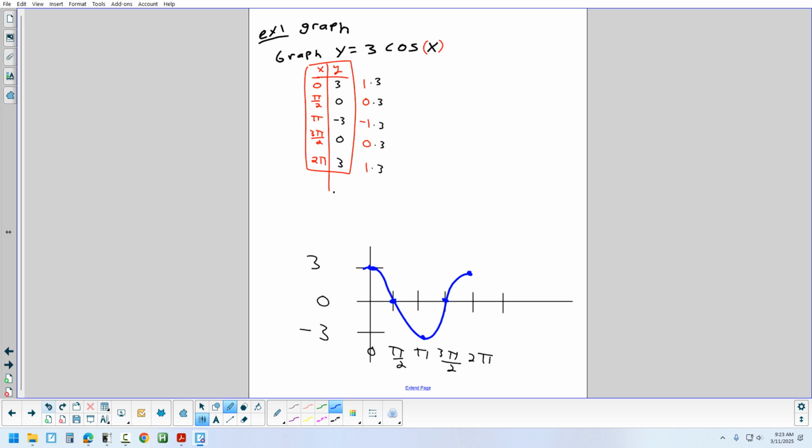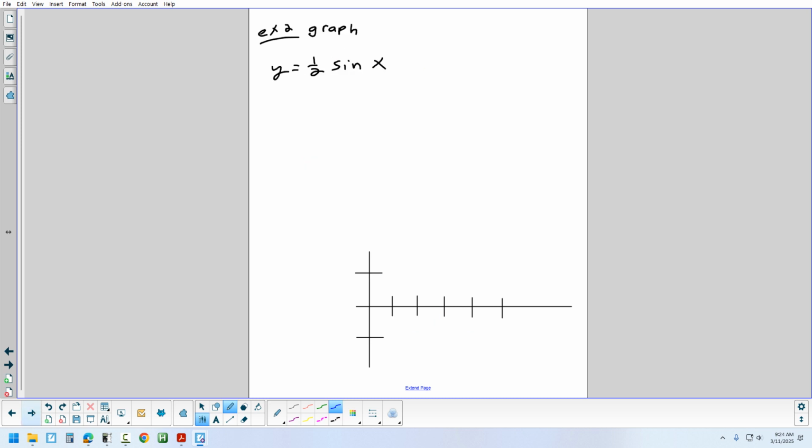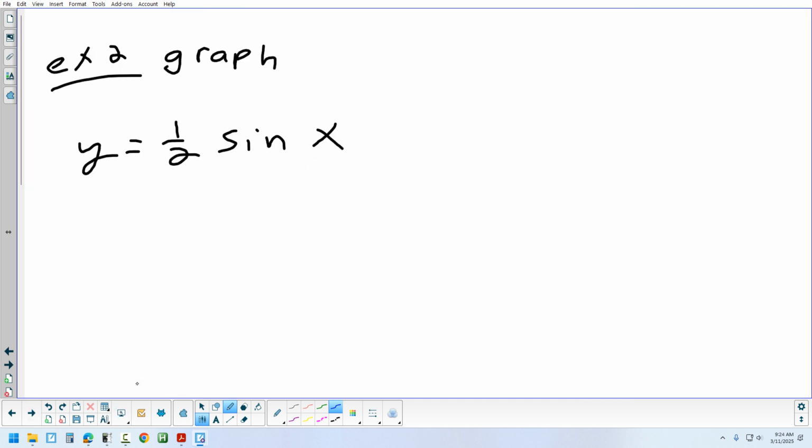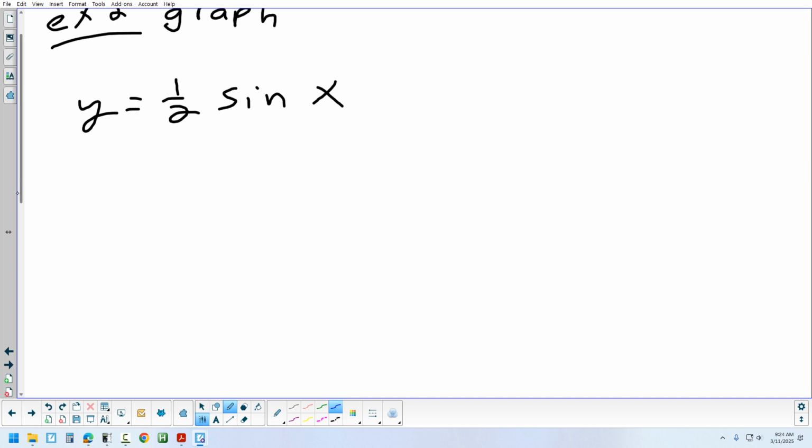So now with that, if we played that as a sound, would that be a louder sound compared to what we started with, or a quieter sound? Louder, yeah. Would it be triple the volume? Well, maybe not. That gets into decibels and how that works. But it would be louder. Okay, so let's look at this one. 1/2 sine x.